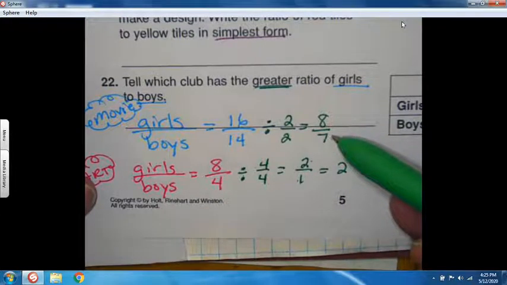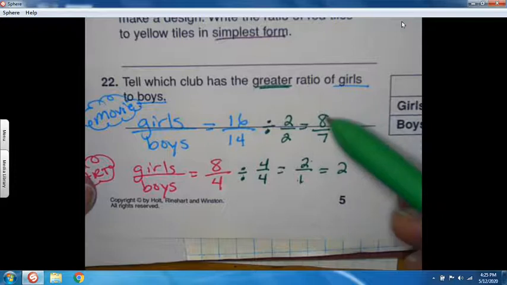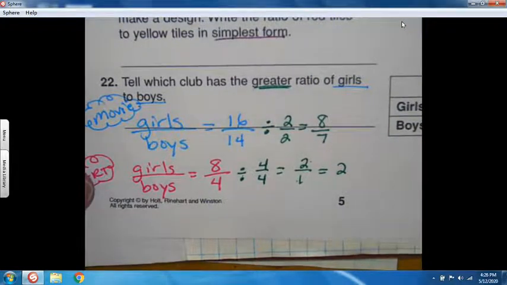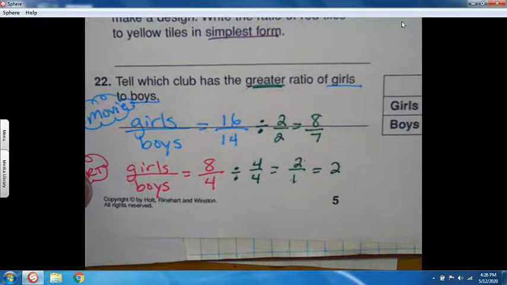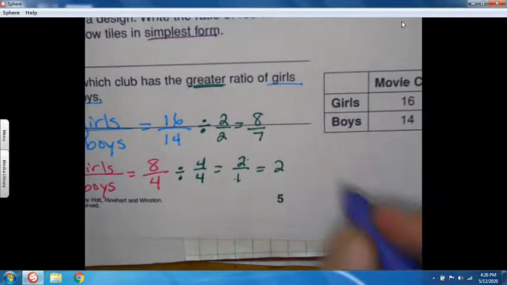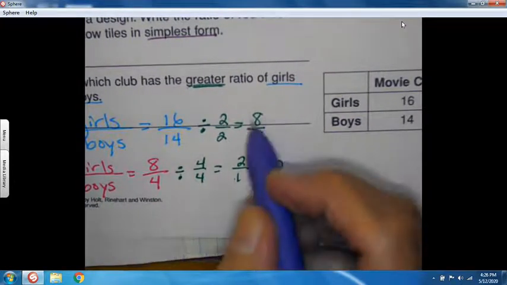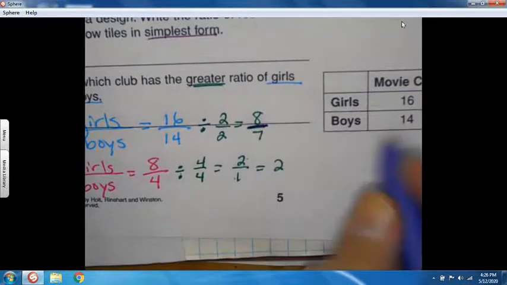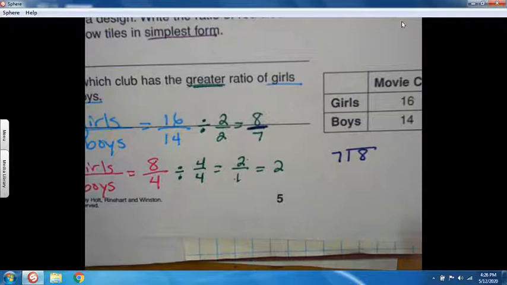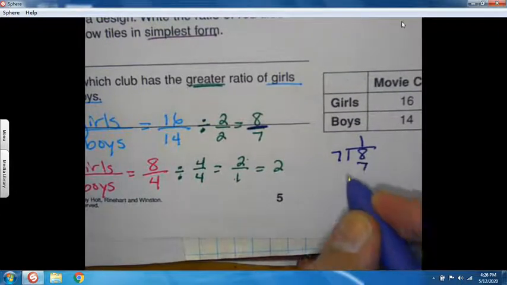What we should probably do is change this to a mixed number, which I tell you not to do. If you know fractions well enough, you should be able to see what this already is, but let's just do the math on it. So over here we're going to divide, because this means to divide, 7 into 8. And 7 goes into 8 one time, and 1 times 7 is 7. We subtract.